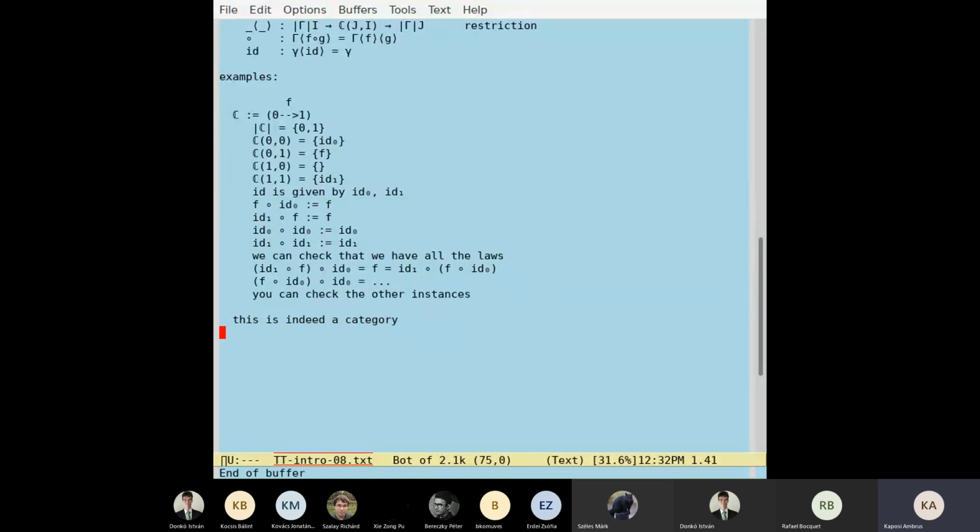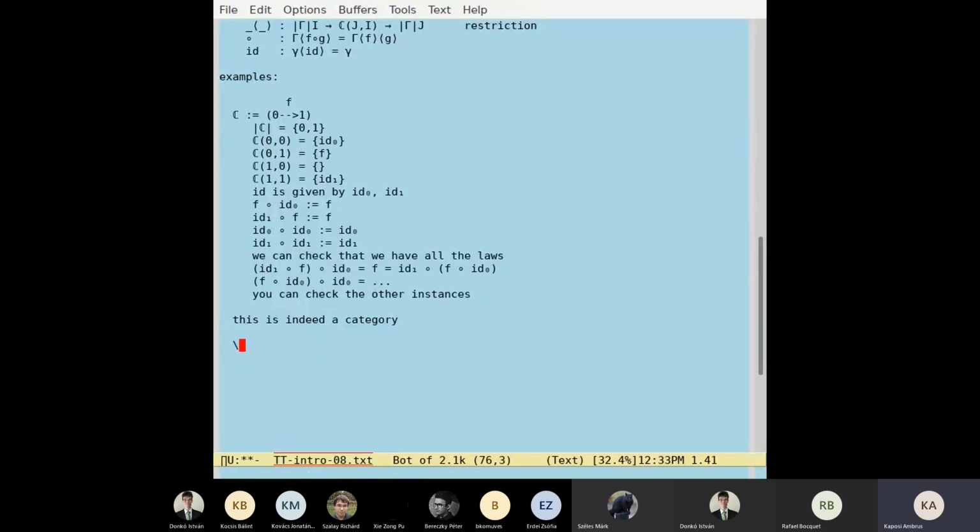In fact, this is what you need to do whenever you want to define a category. You really need to check that it is a category. Once you've done it for a few simple cases, you will become quite confident in saying whether something is a category or not.